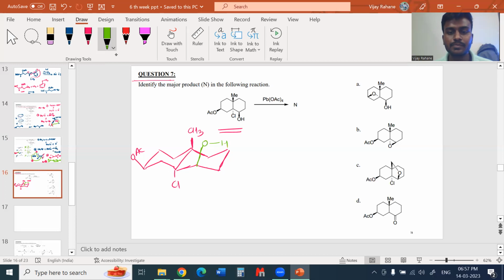So when it reacted with PbOAc4, what happened? This OAc, I will draw the split. I will split the structure PbOAc. When this coordinated oxygen coordinated with this one, the OAc gets eliminated. So minus AcOH takes place, right? And Pb coordinated with this from the side of oxygen.